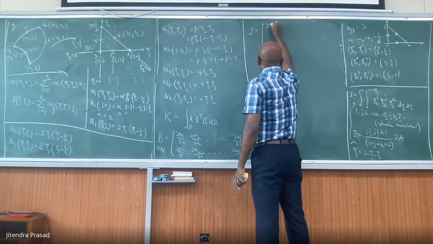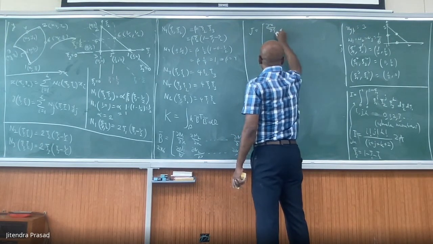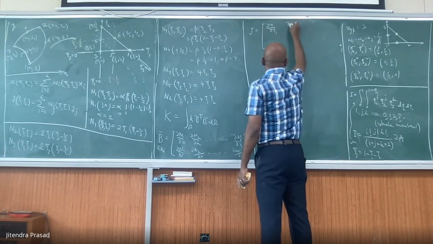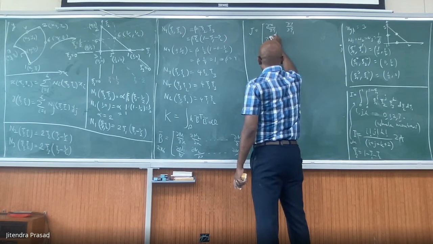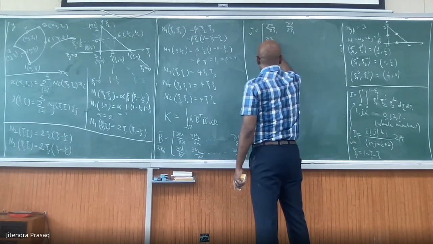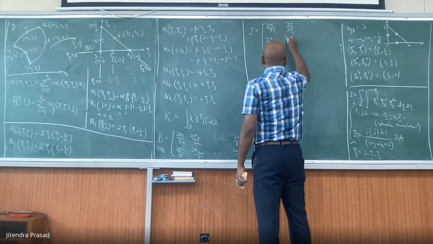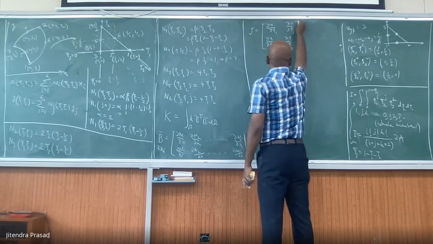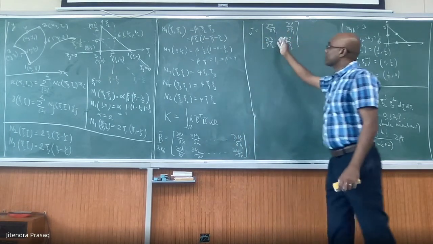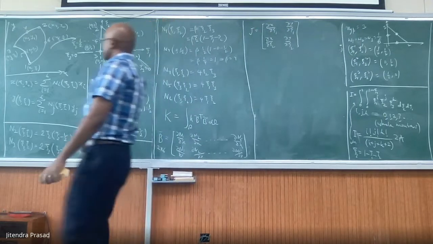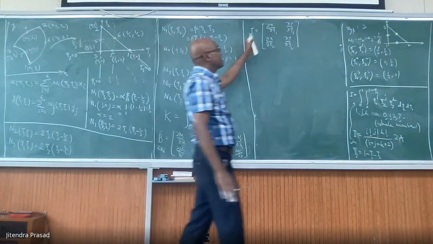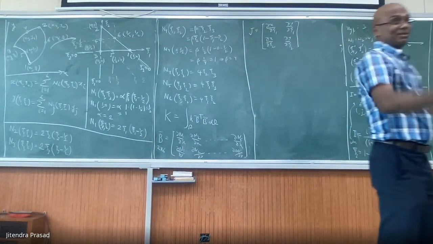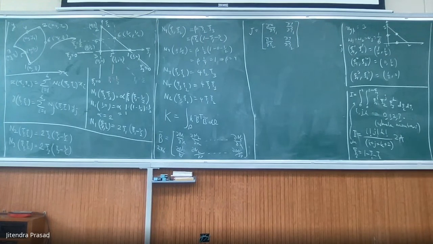So we will have del X over del Xi1, del Y over del Xi1, del X over del Xi2, del Y over del Xi2. Because X is in terms of Xi1 and Xi2, you can find it out from here. The only thing is that J will now have higher order terms. That is the only difference.